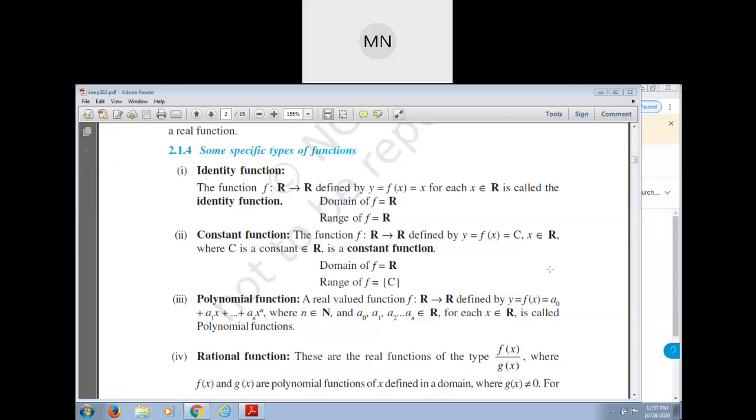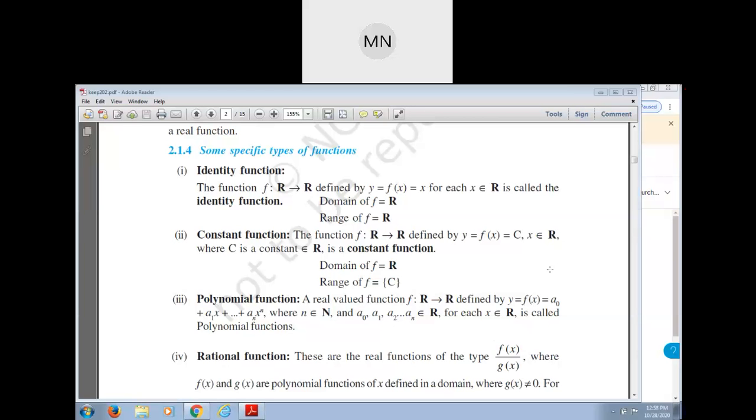See that here also, the domain of this function is what? The domain of this polynomial function is what? The function is defined as f from R to R. So tell me, the domain of this function is what?